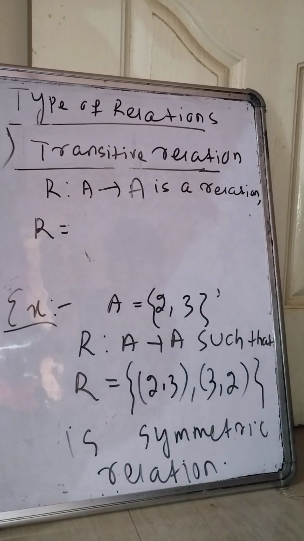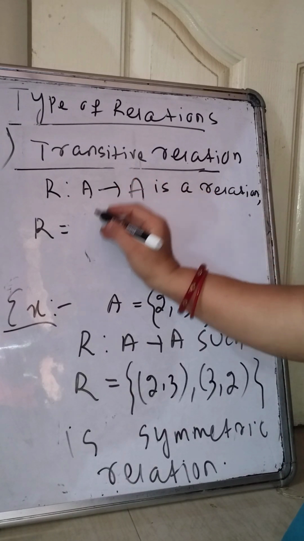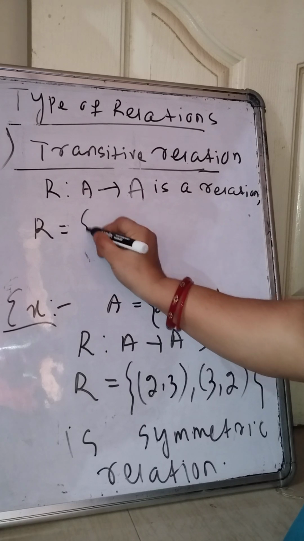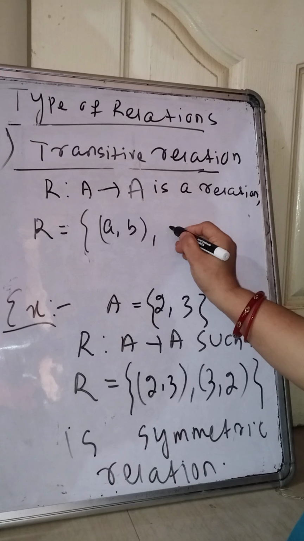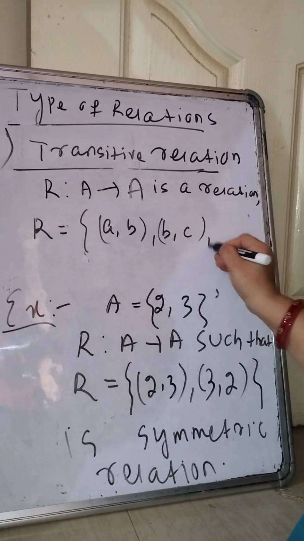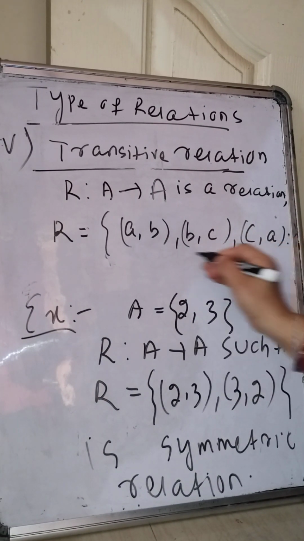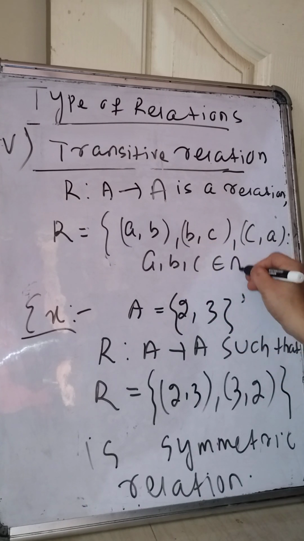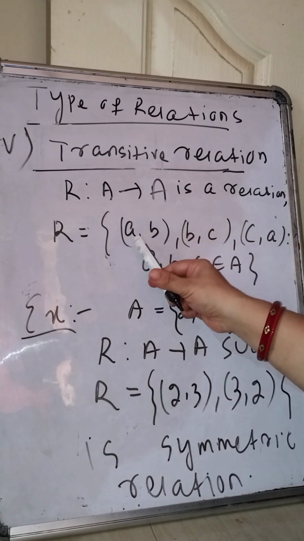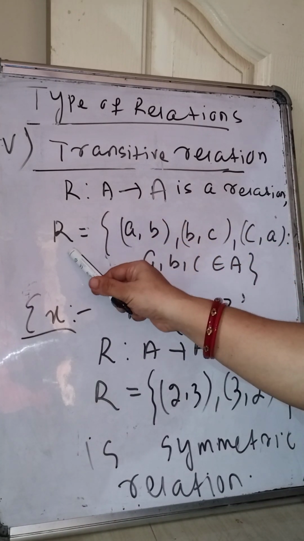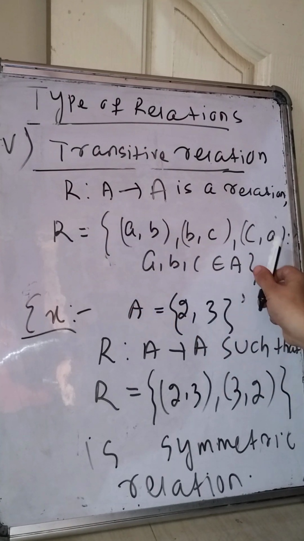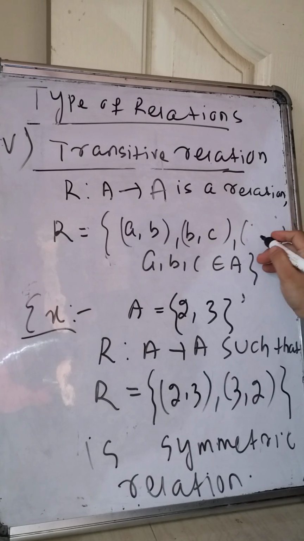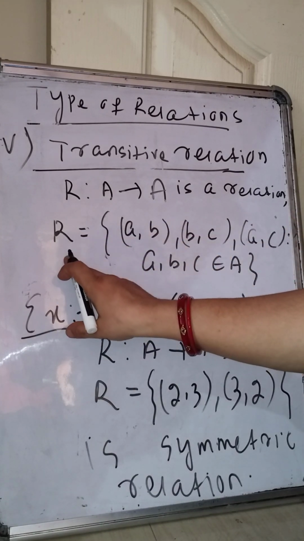Let R from A to A be a relation on set A. Then this relation will be transitive if it contains this type of ordered pairs: AB, BC, AC, such that A, B, C all belong to set A. If an ordered pair AB is present in this relation and another ordered pair BC is present in this relation, then AC will also be present in the relation.